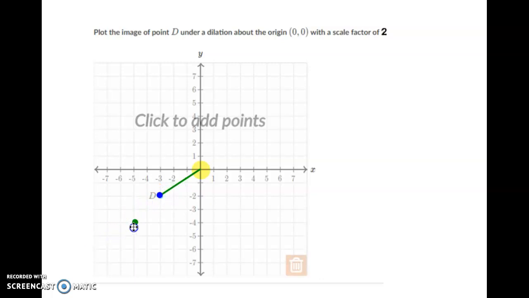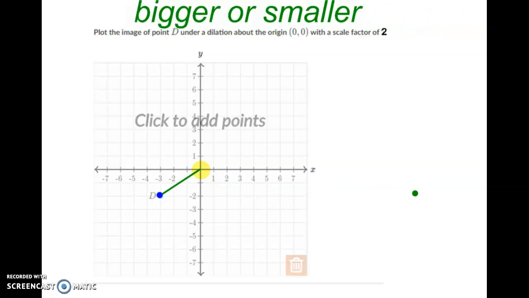That's what a dilation is, to make that distance smaller or larger, bigger or smaller. And we can see that we have a factor of 2, so we'll be making this distance larger or bigger.